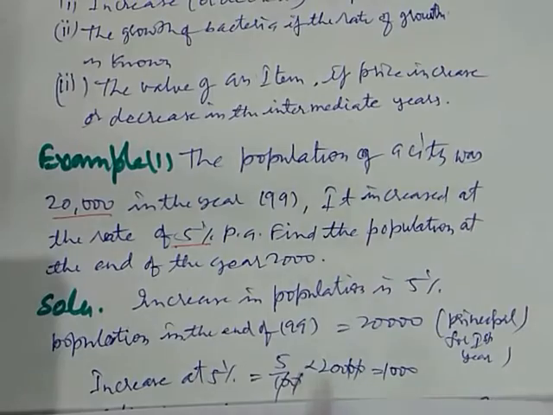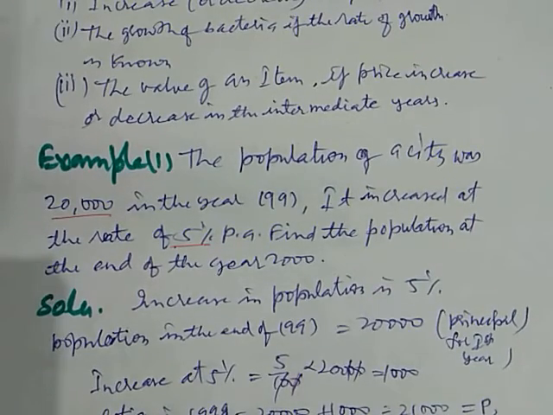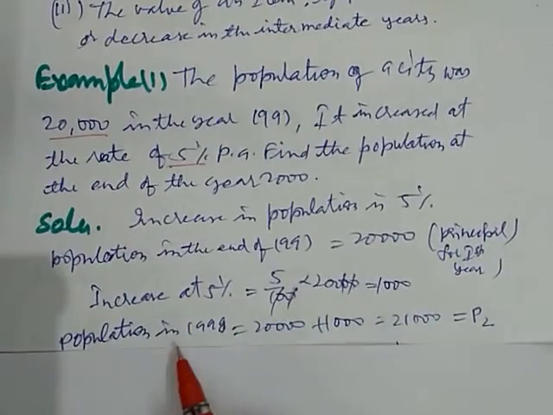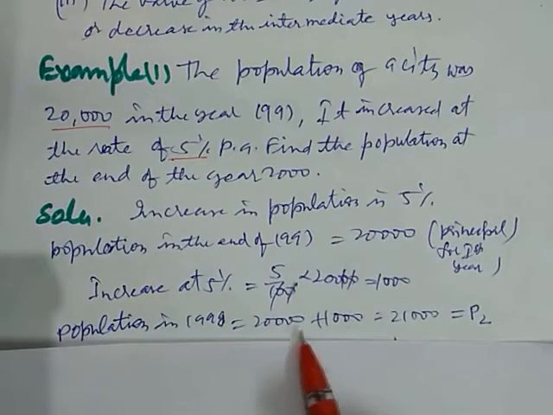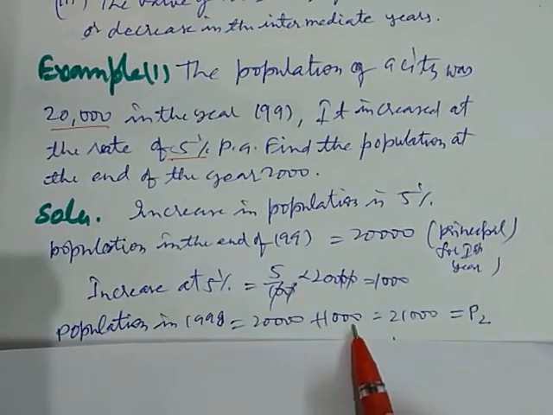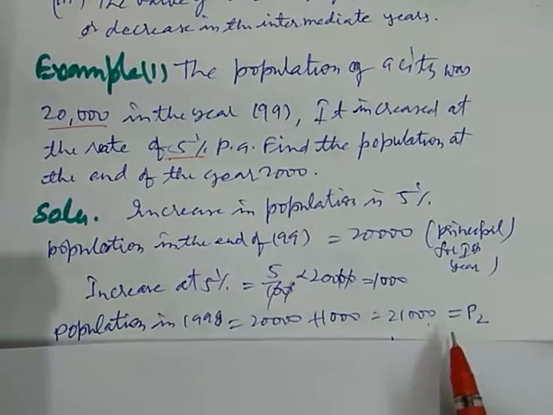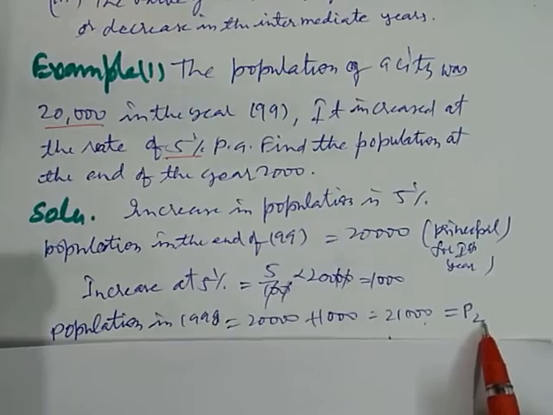We get 1,000. So this is the increase. So population in 1998 equals 20,000 plus this 1,000. So this becomes 21,000. Now this becomes the principal for the second year, that is P2.